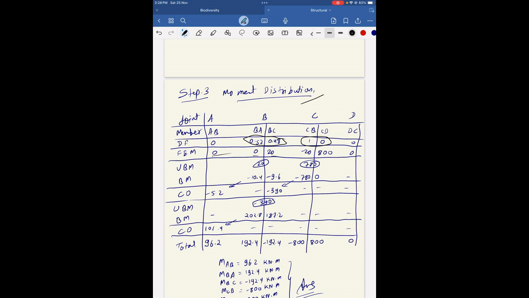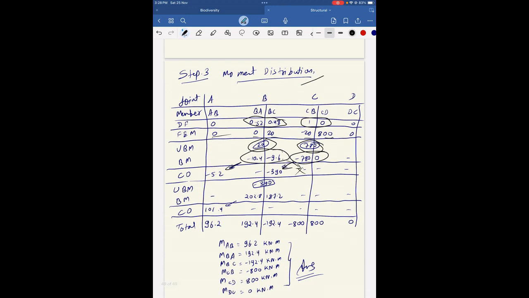Fixed moment is written here, and unbalanced moment at B is 20 kilonewton-meter, at C 780 kilonewton-meter. So we balance the moment according to the distribution factor, and at C all the moments come at CB. So half of the moment comes this side, and here half moment comes this side. Here 9.6 does not go to the end C because D is open and C is pinned, so no moment goes in this direction.